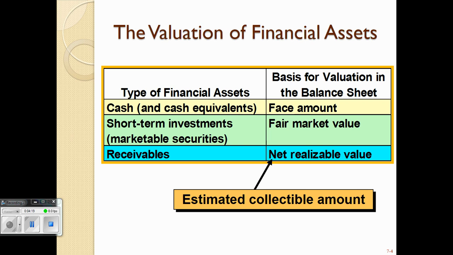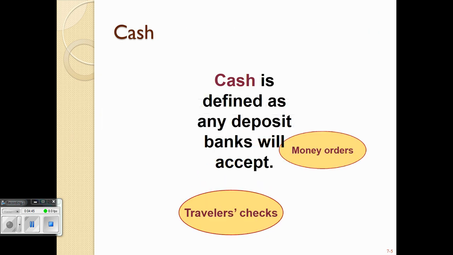If, on the other hand, I sold that $10,000 of merchandise to some fly-by-night company whose address is his car, what have you, I may expect never to get paid back, and maybe the net realizable value of that accounts receivable is zero. And so we need to make sure that our balance sheet reflects what we really think those accounts receivable are worth, and we're going to find out how to do that in the second video to this chapter.